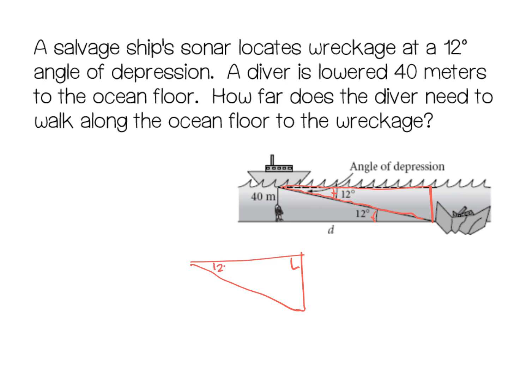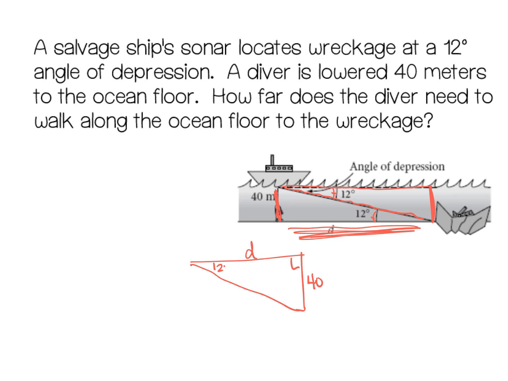The diver's lowered 40 meters, so this is a vertical line here. It is going to be congruent to the vertical line over here because really what we've created are rectangles. So if this piece on the left is 40, this piece on the right has to be 40. They want to know how far along the floor, that's my horizontal piece, they want to know this distance. So this is also horizontal.